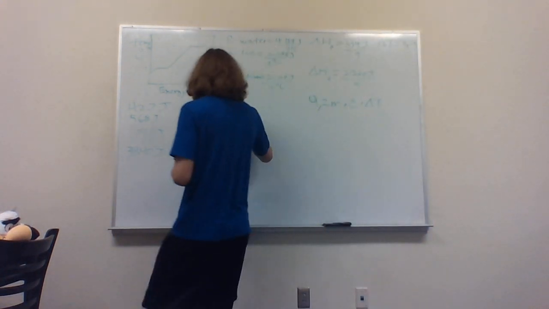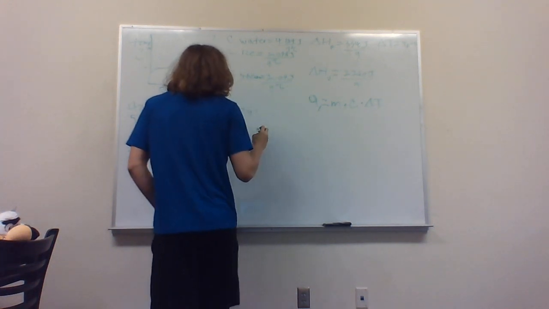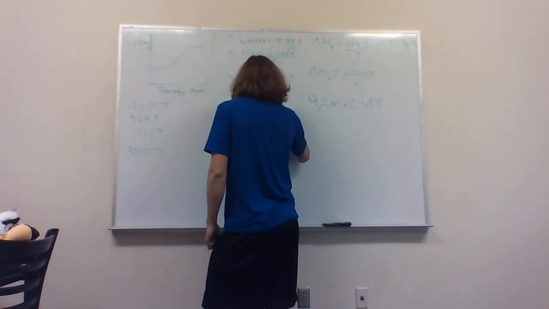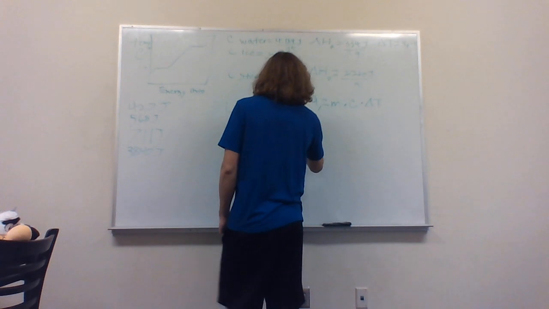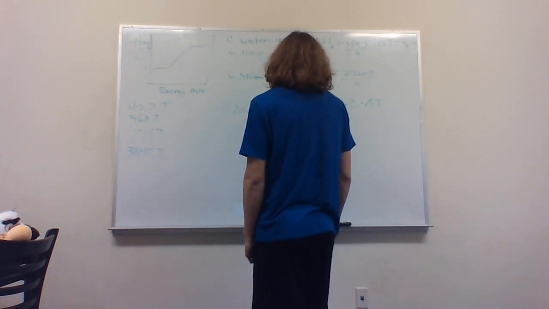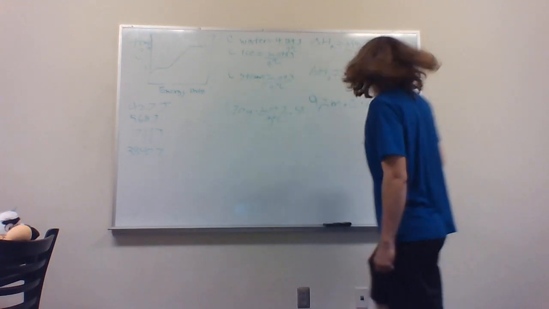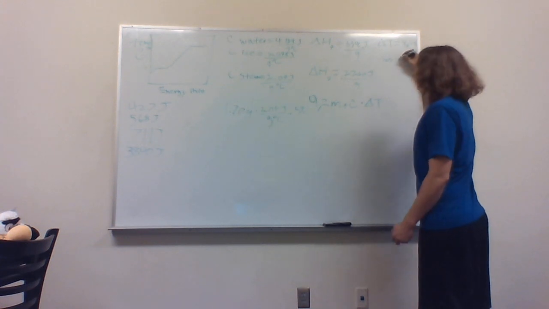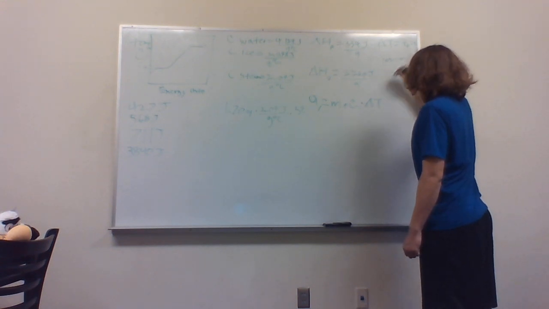So 1.70 grams times specific heat of steam, which is right here, 2.09 joules per gram Celsius times 5. How do we know it's 5 degrees Celsius? Our final temperature is 105, and our initial is 100, so 105 minus 100 is 5.